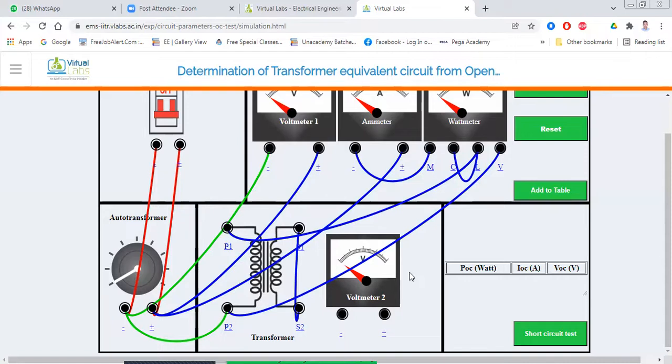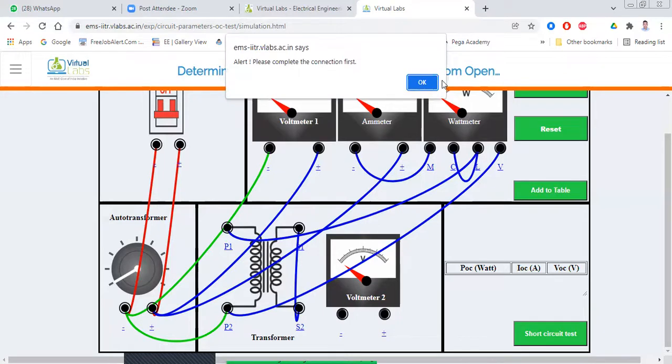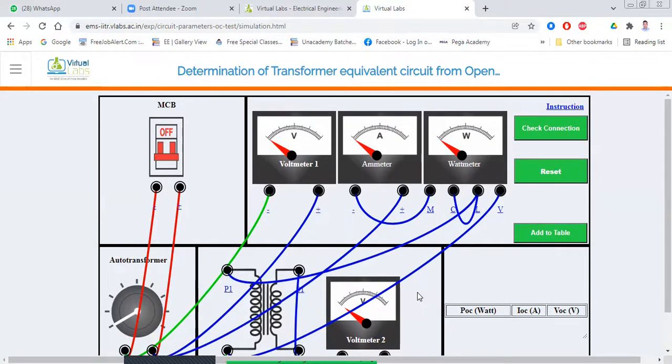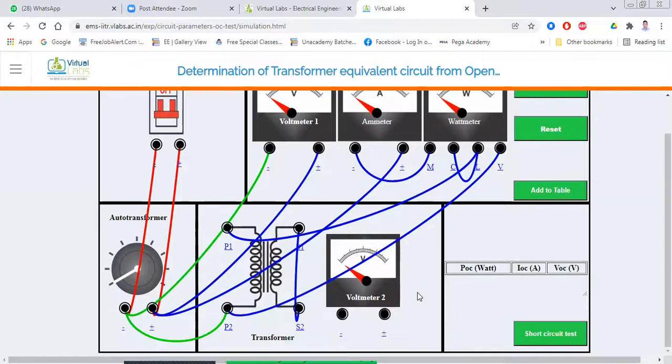The circuit is absolutely correct, but somehow it is showing the wrong connection. Circuit is correct. Again, one last time I check the circuit.